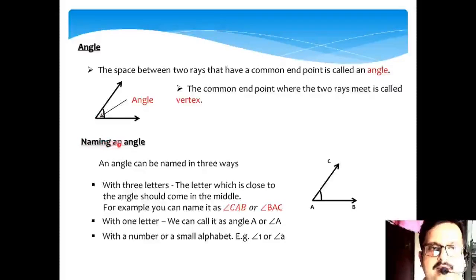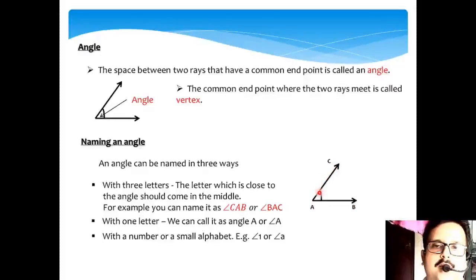Next part is how we can name an angle. We can name angle in three ways. Here in this picture you can see we have written C, A and B. Okay, and A is the common endpoint or the vertex from which the ray AC and the ray AB emerges out, and this space between these two is known as the angle. So if you are using three letters, we can name this angle as either CAB or angle BAC.